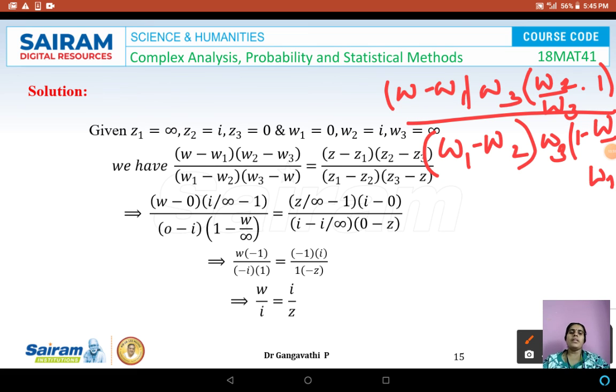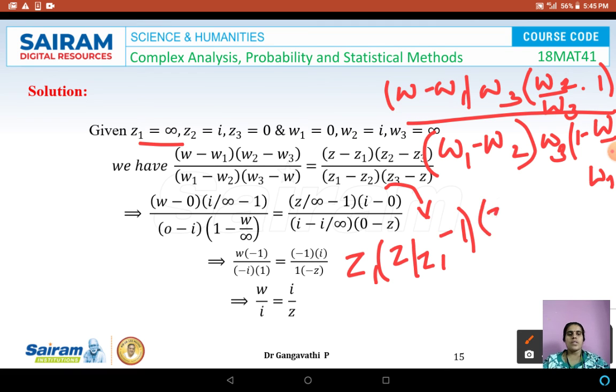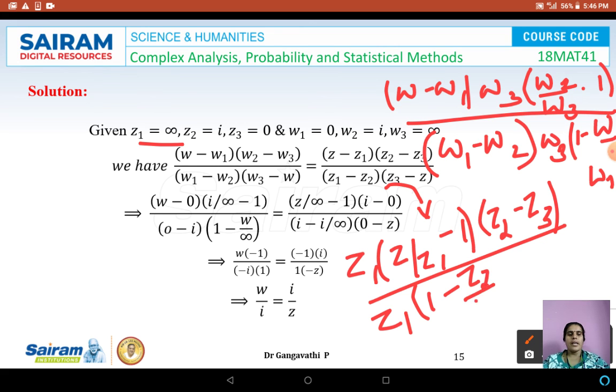Okay. So similarly from this, there is a point z1 equal to infinity. z1 must be eliminated. So take out z1 as a common term. In the numerator, we get z by z1 minus 1 into z2 minus z3 divided by, again z1 can be taken out, so we get 1 minus z2 by z3 into z3 minus z1, z.